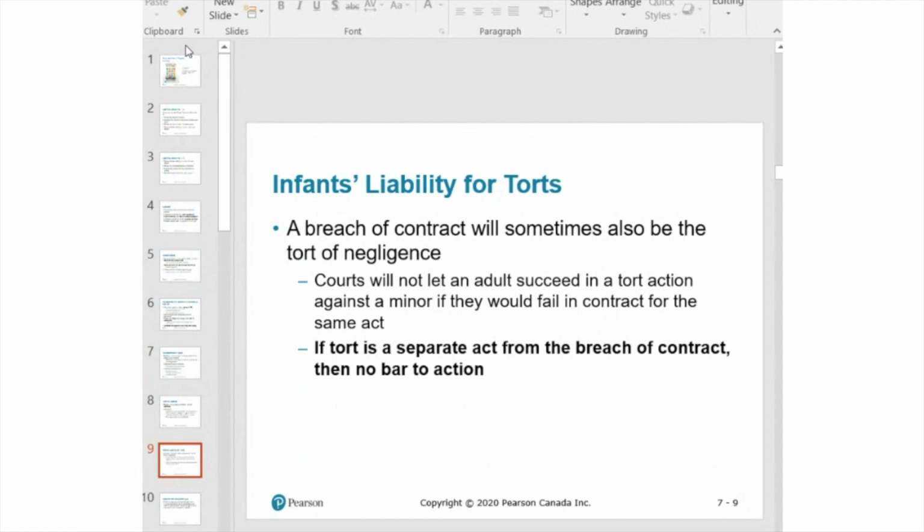But here the idea is to bring torts and contracts together, because the minor is not bound by their agreement, as I told you. It is voidable on their side, but sometimes the other party, the company, the adult, tries to sue the minor under tort. So let's say the minor rented a car.